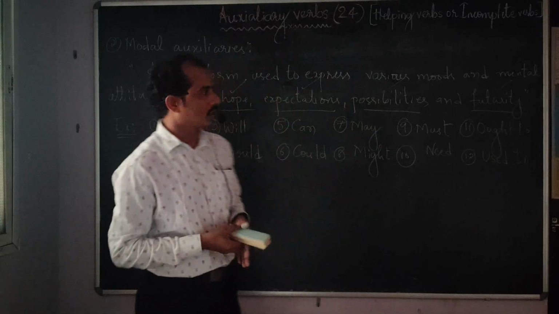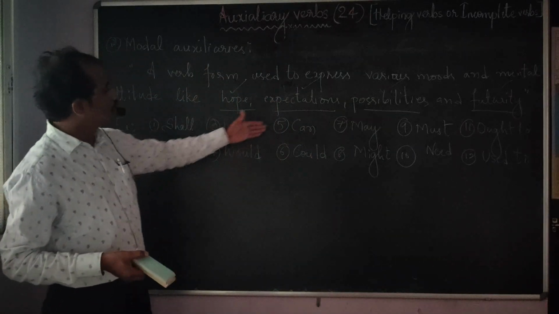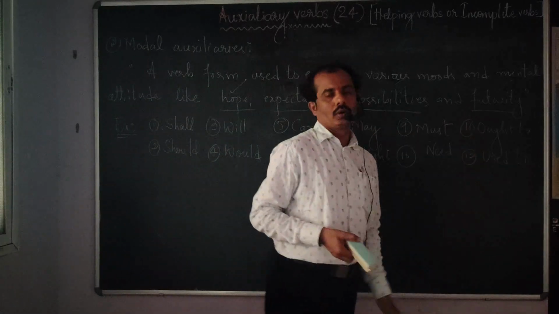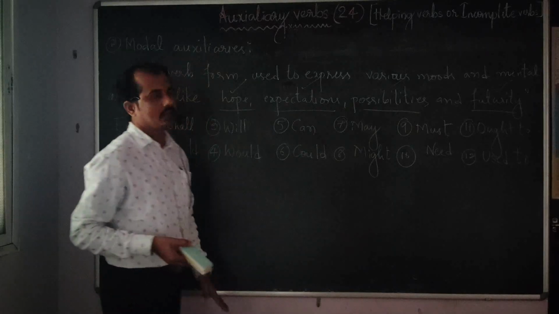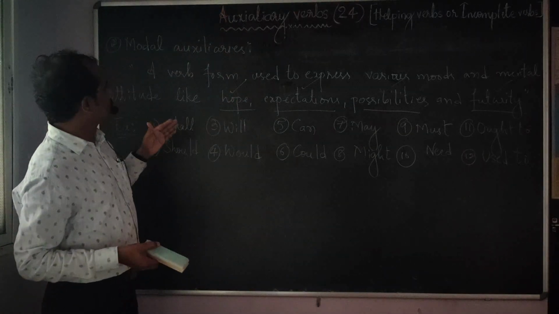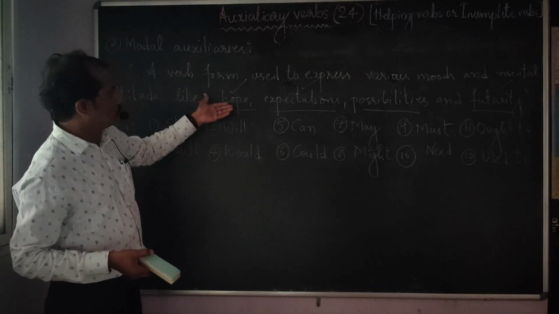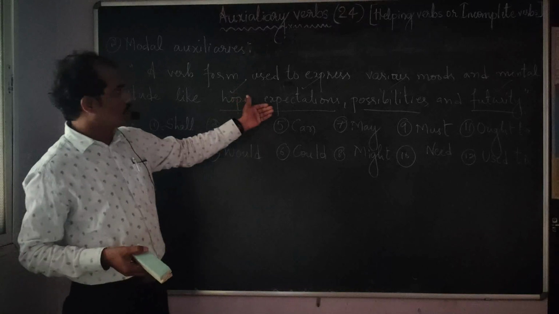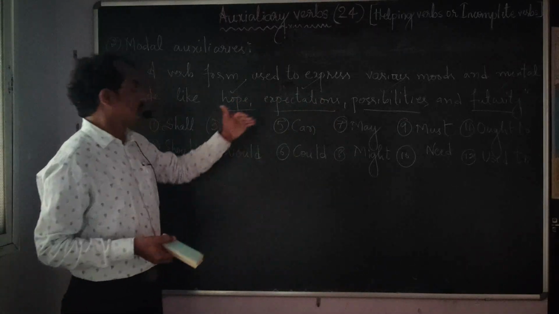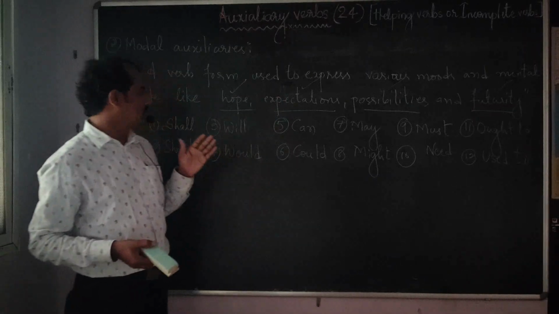A total of 12 modal auxiliaries are there in English grammar, and 12 primary auxiliaries. So modal auxiliaries are used when we are expressing hope, talking about possibilities, talking about the future, or expressing expectations.